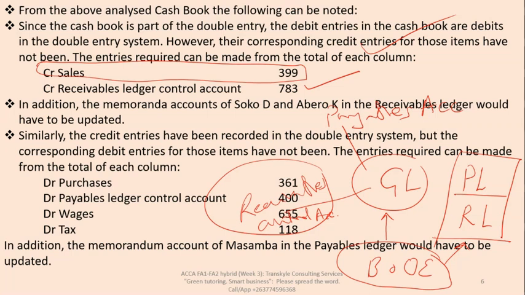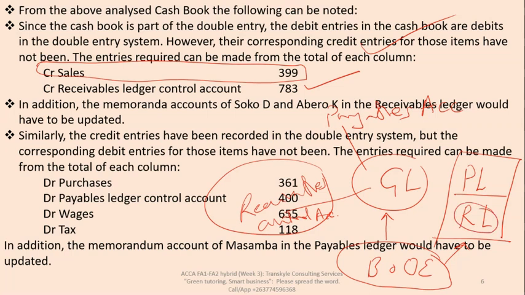The total of the receivables control account, which is found in the general ledger, should be equal to the total of the receivable balances of all receivables reported by the receivables ledger.